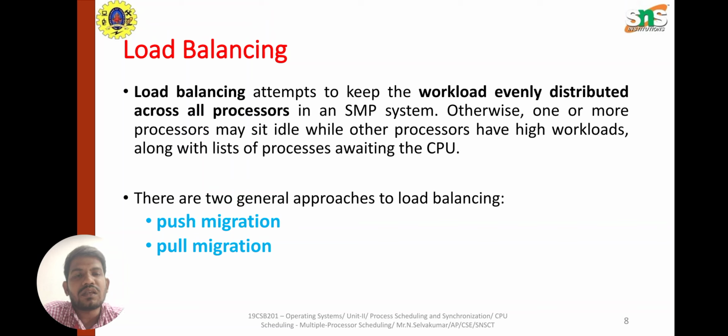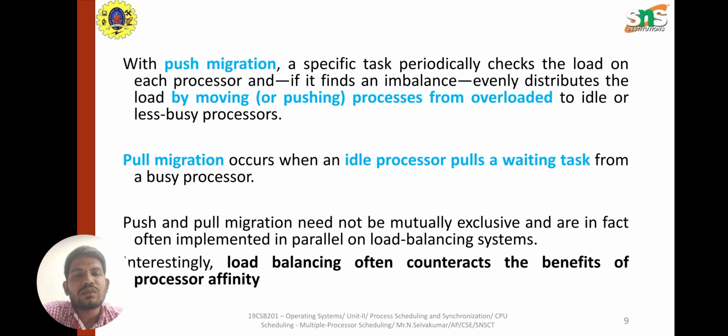There are two general approaches to load balancing: push migration and pull migration. With push migration, a specific task periodically checks the load on each processor, and if it finds an imbalance, it evenly distributes the load by moving, or pushing, processes from overloaded to idle or less busy processors.